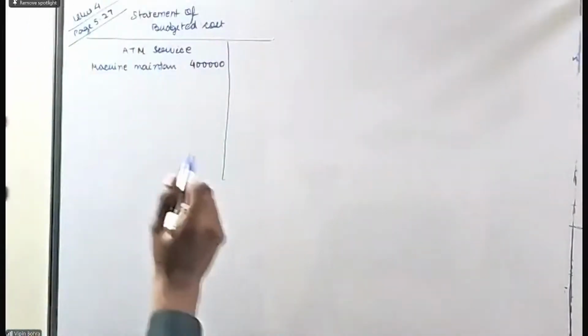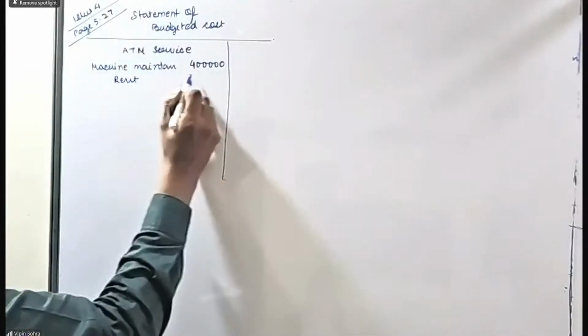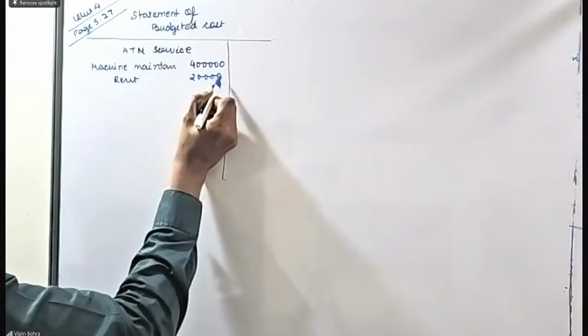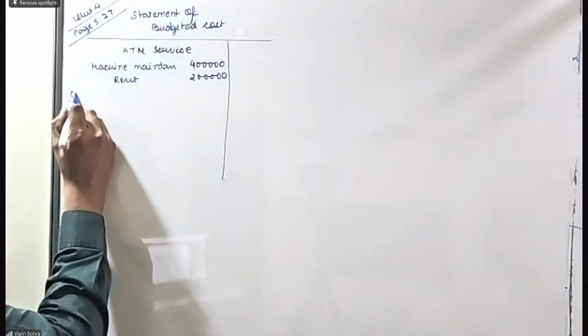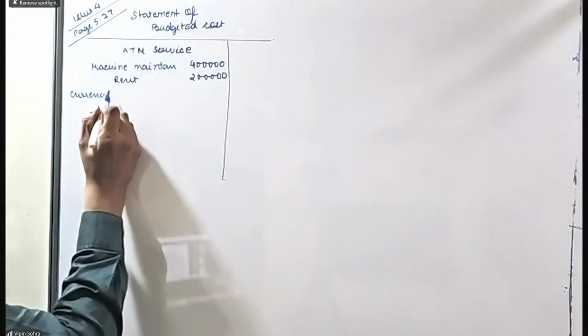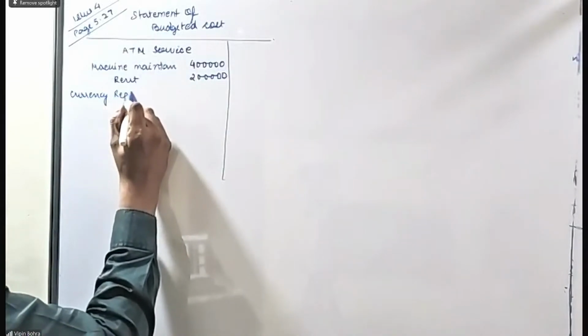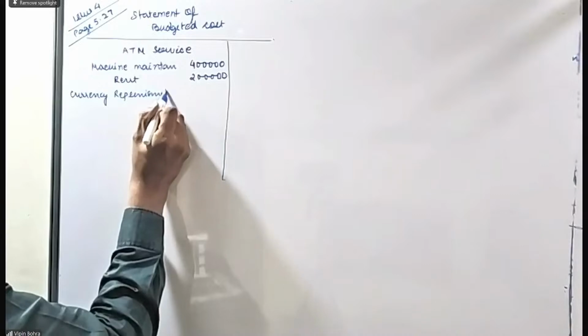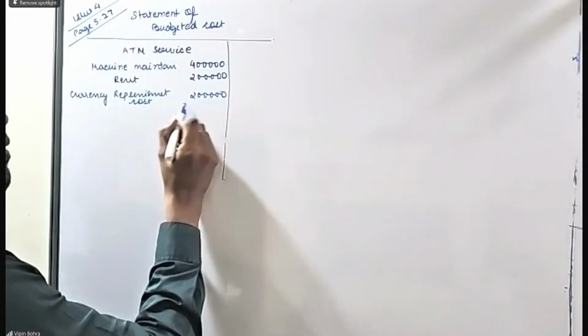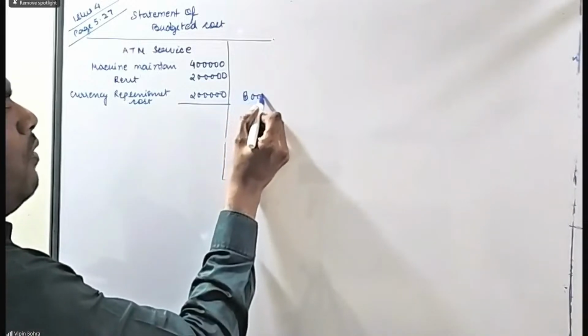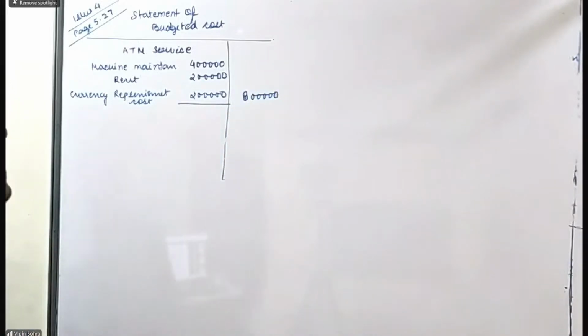Rent is 2 lakh, no change. Further, the currency replenishment cost is 1 lakh and it is to be doubled during the budgeted period. So 8 lakh will be the total cost of ATM service.